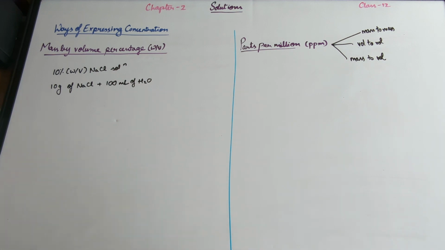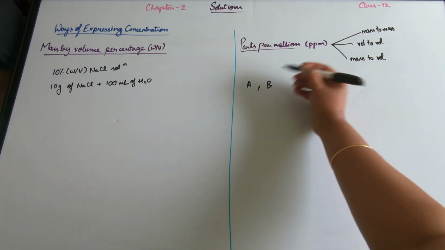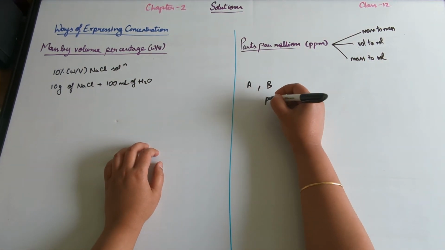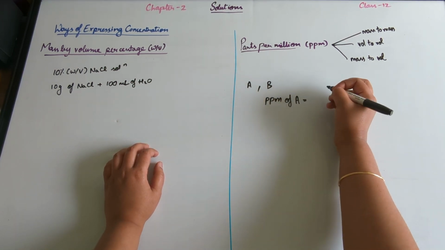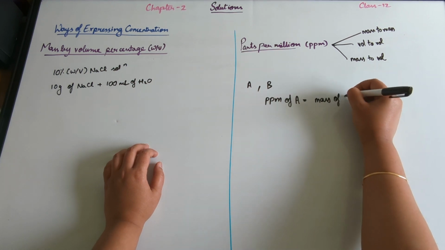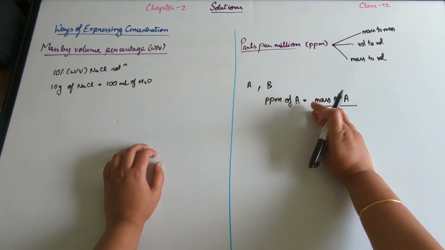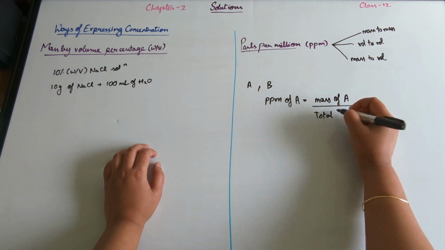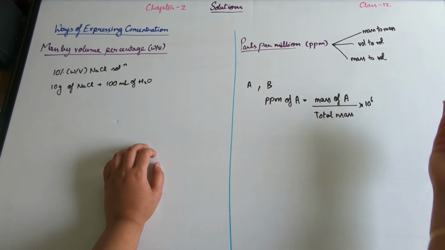And in a solution, let's say, for example, we have two components, A and B again. So the parts per million of A will be equal to the mass of A divided by total mass into 10 to the power 6.